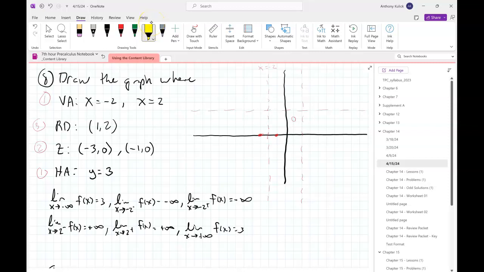Now, the first part that I'm going to do with the end behaviors is this part of my graph. So I want to look at what's happening on the positive side of -2 and then the negative side of +2.